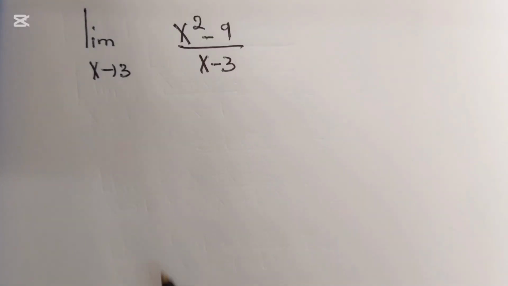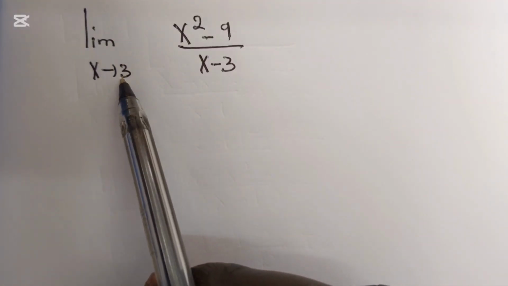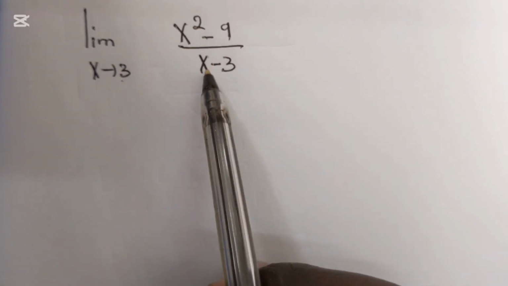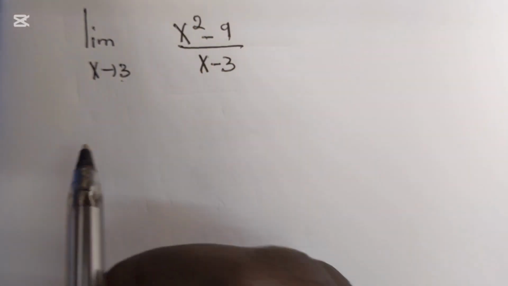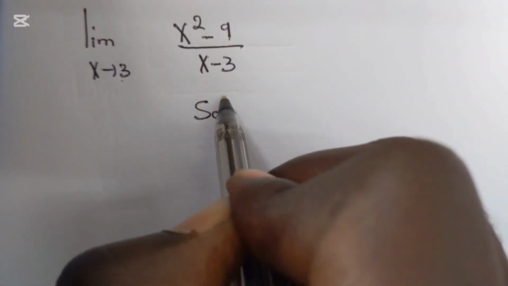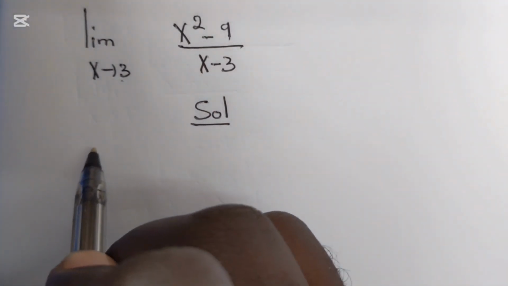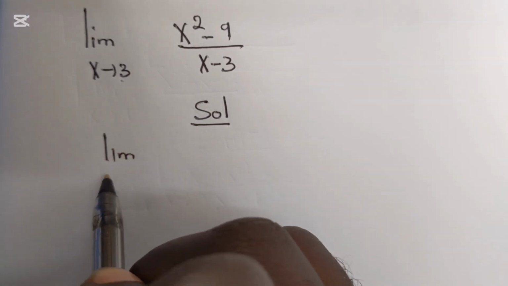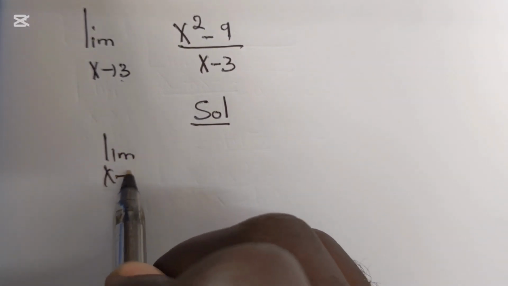Question 3 is limit of x approaching 3 of x squared minus 9 over x minus 3. This is the solution. We're going to copy limit of x approaching 3.